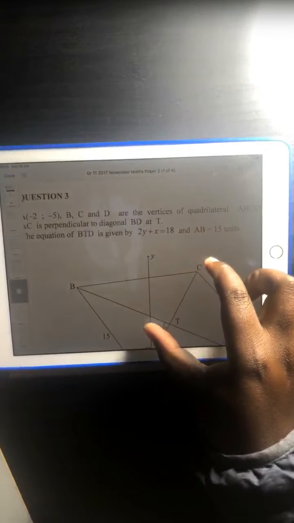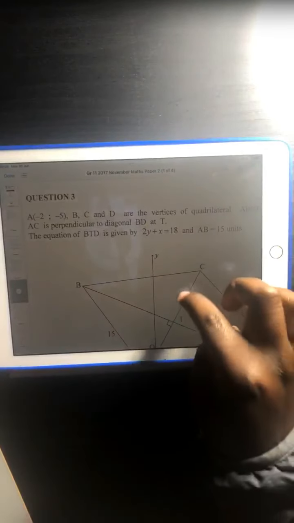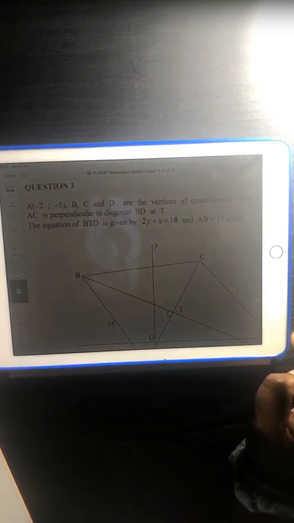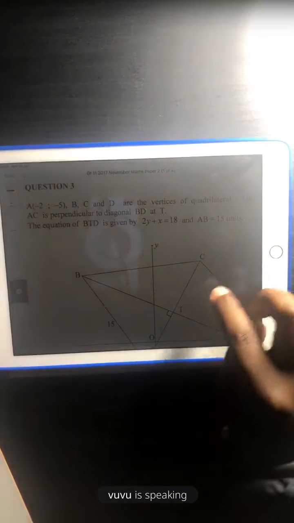Okay. Let me try to do this. Then I'll try to zoom in and see if you can see the text. Can you see now? Maybe. How is it? It's much better, sir. Yes, now we can see, sir.